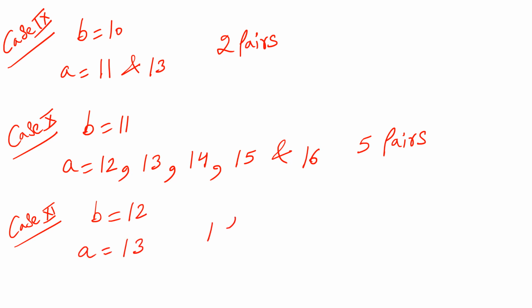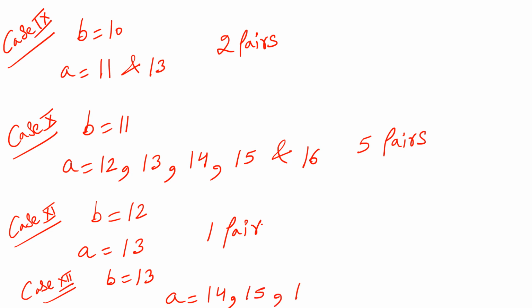So that means there is only 1 pair. And in the 12th case, when b equal to 13, then the possible values of a are 14, 15, and 16. That means we have 3 pairs.